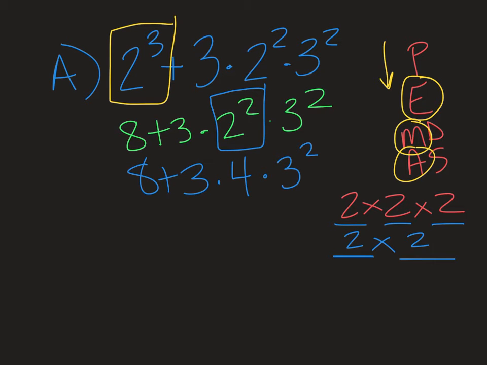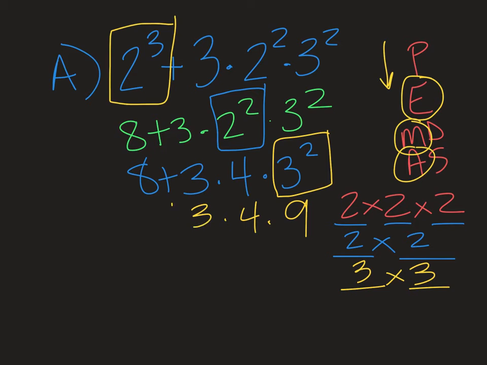Okay, almost done with exponents. We got to take care of this one. Again, I have an exponent of 2, so I draw 2 lines. My base is 3, and I multiply. 3 times 3 is 9. And let's rewrite everything. All right, finally, I'm done with those exponents.